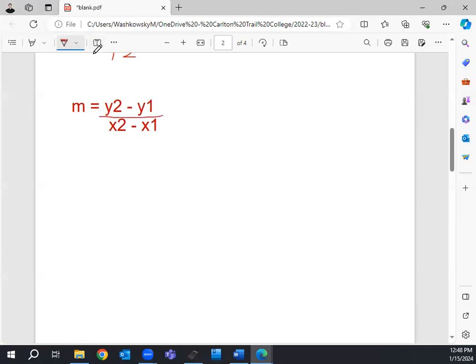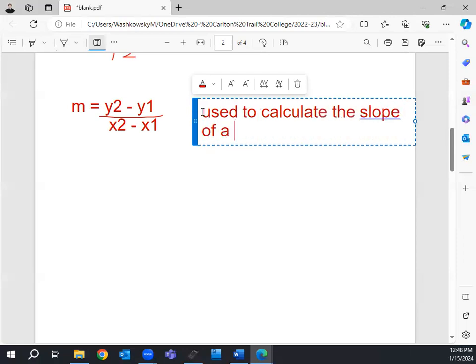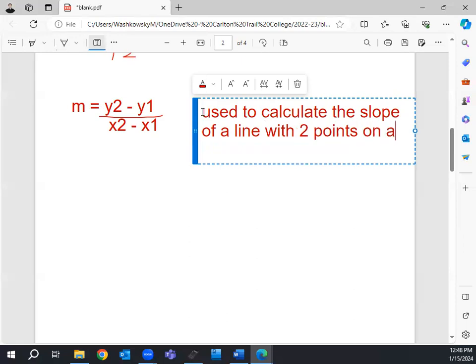This is used to calculate the slope of a line with 2 points on a graph.